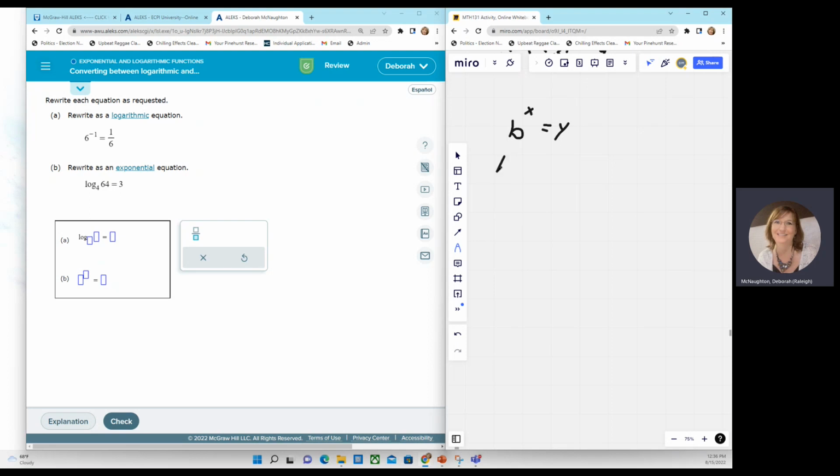So it's going to be log to the base b, and then we go over to the other side of the equation and grab the y of y equals, and then we come back over and grab the power. So what goes here comes from the other side.